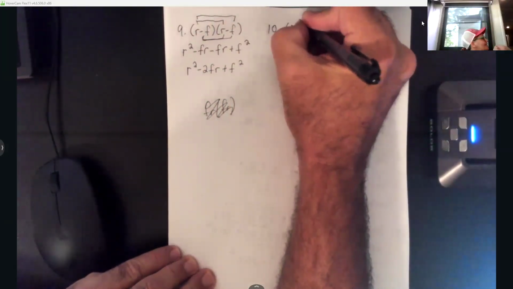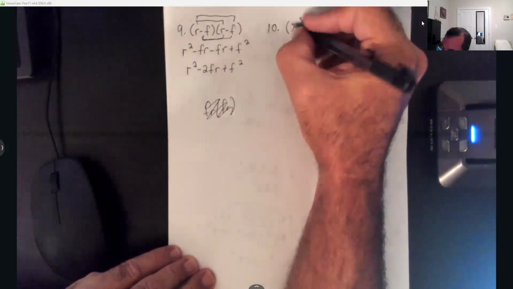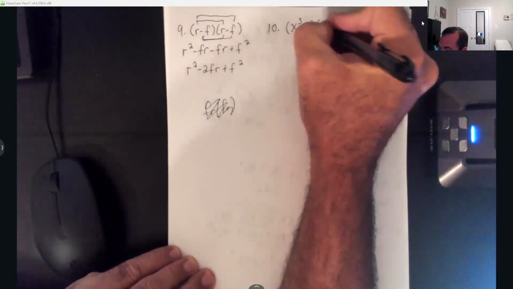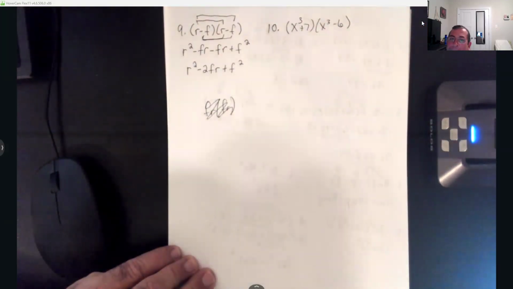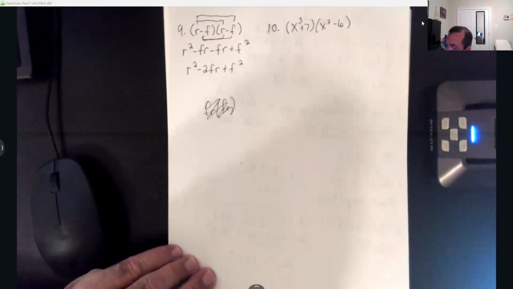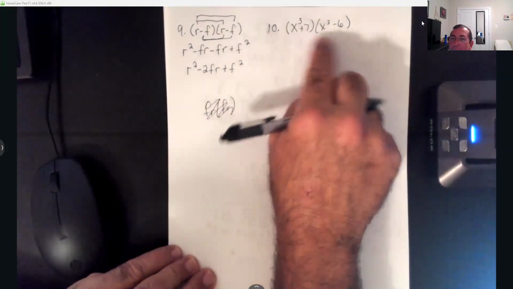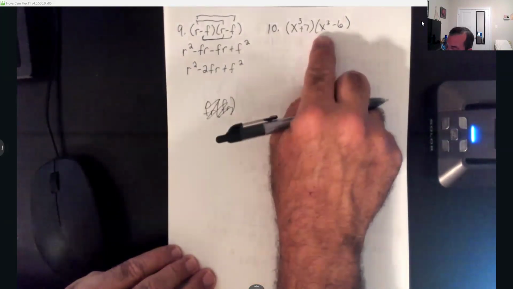All right, y'all, (x^3 + 7)(x^3 - 6). So this is just two different things being multiplied, nothing about conjugates, they don't even look the same.